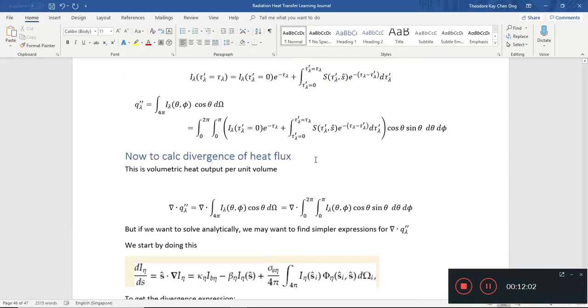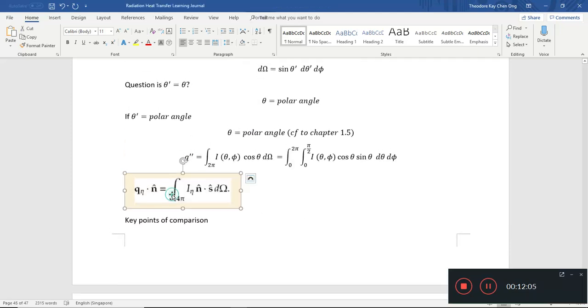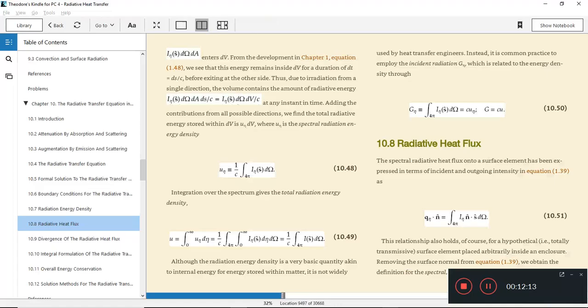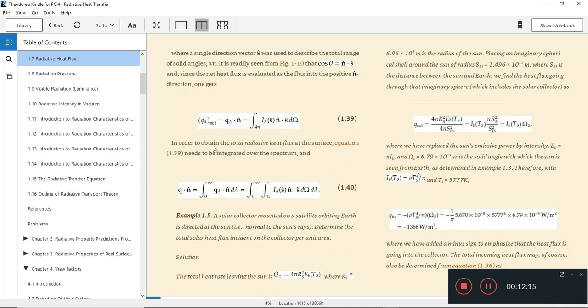So what I was doing on top was this heat flux vector dot product with the surface normal, okay, and we can see the relation here. You can see the Q lambda net. This is the heat flux scalar, which I was talking about.